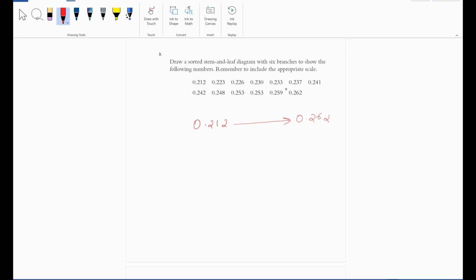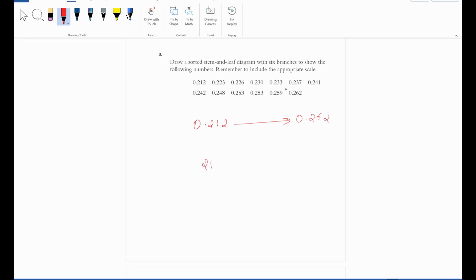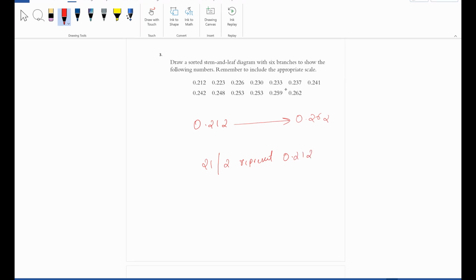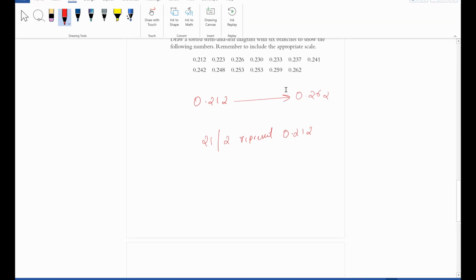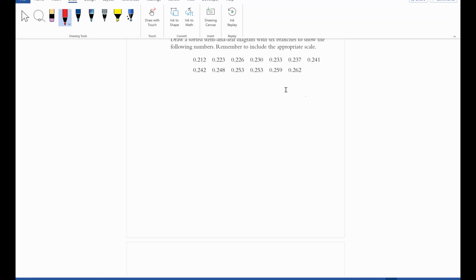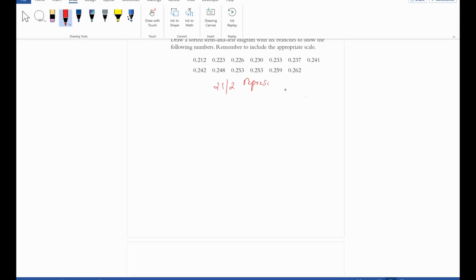So if I generate the key based on these requirements, I can say, for example, 21 bar 2 represents 0.212.